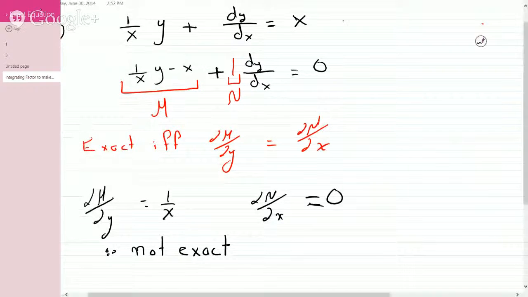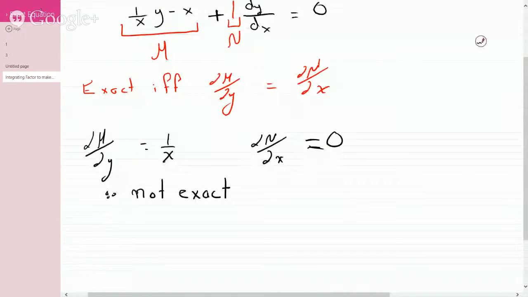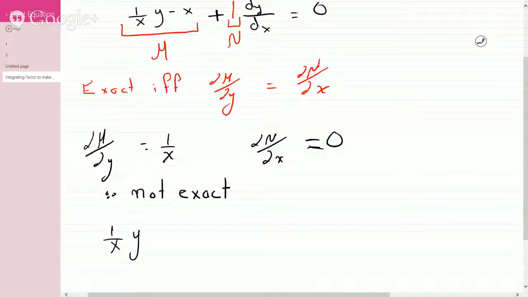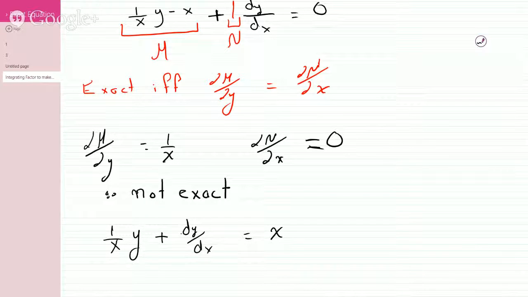So let's go to the original question. This is 1 over x y plus dy over dx equals x. And to make it exact, we need to find an integrating factor.